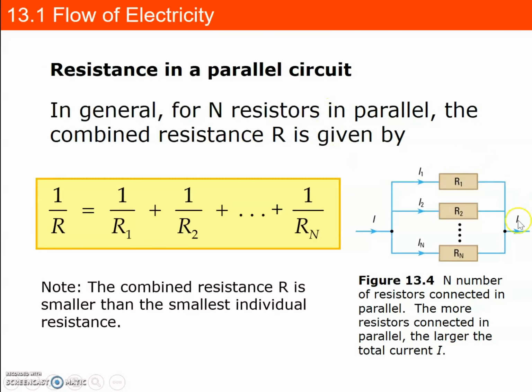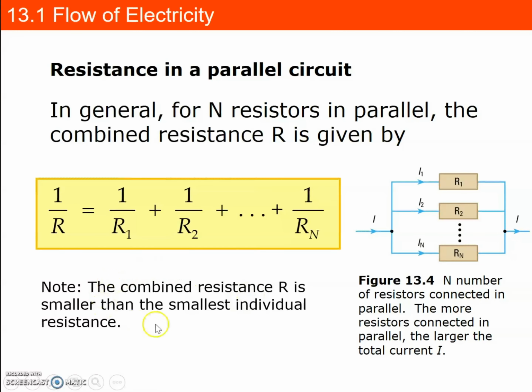Next, if our resistors are connected in parallel, then the overall resistance for the circuit is given by this formula here: 1 over R equals 1 over R1 plus 1 over R2 plus all the way to 1 over Rn. So n represents the number of resistors that are connected in parallel.